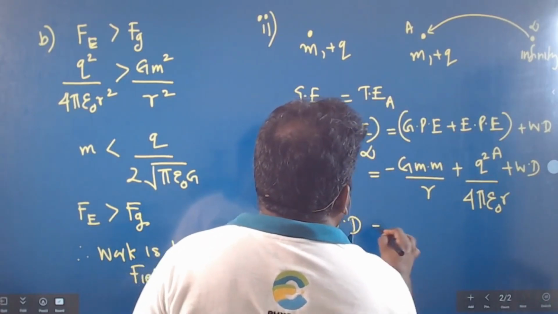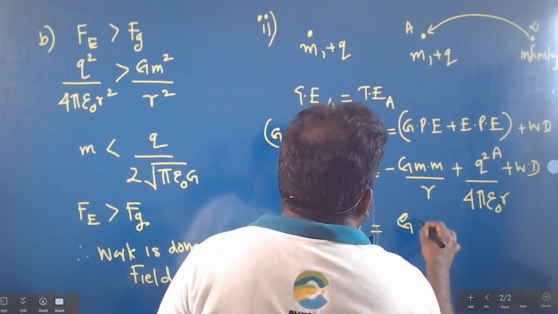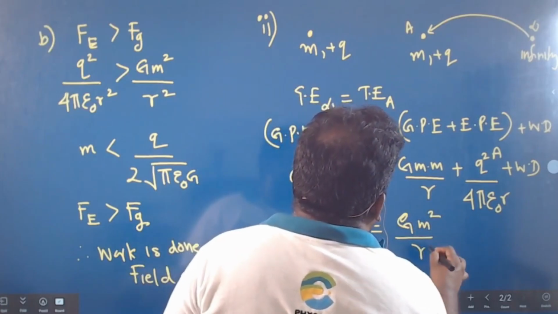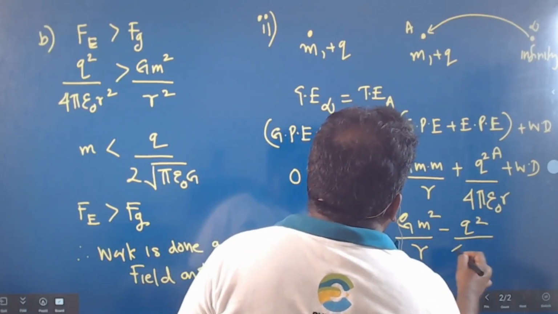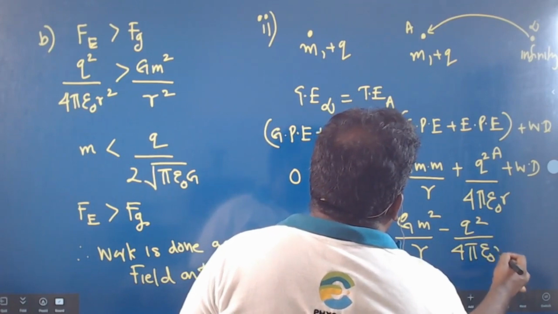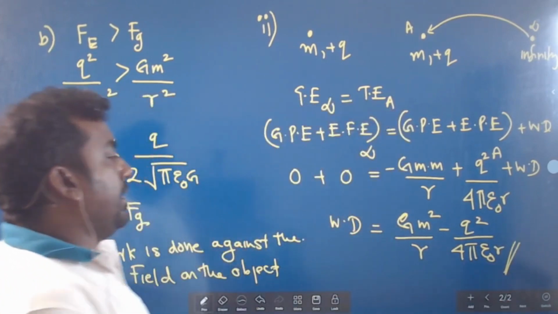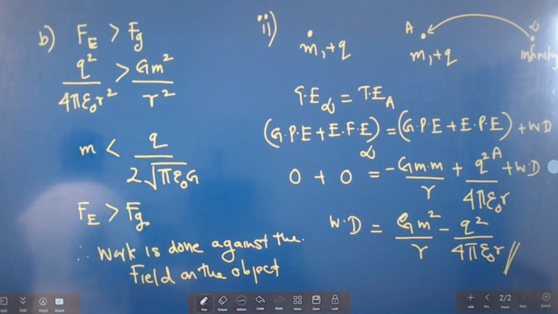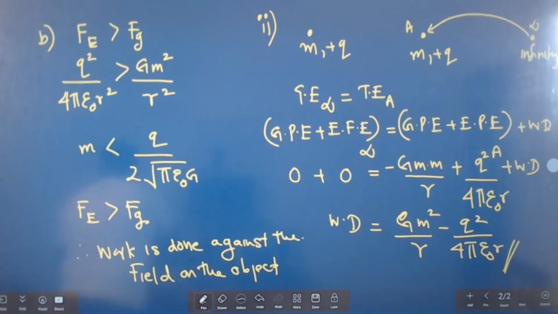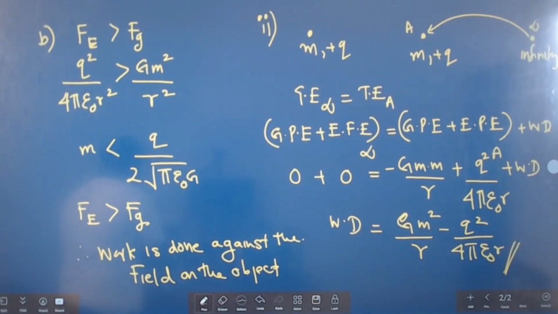So work done is equal to capital G m squared over r minus q squared over 4 pi epsilon naught r.